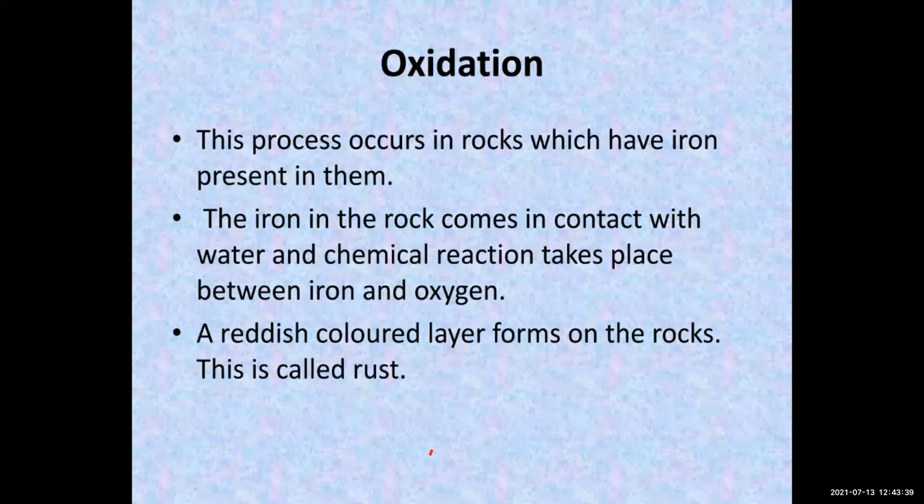When it comes in contact with the water, a chemical reaction takes place between the iron and the oxygen. Because of this, the color of the needle changes and it gets rusted.